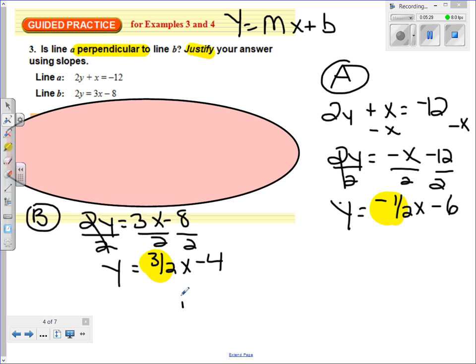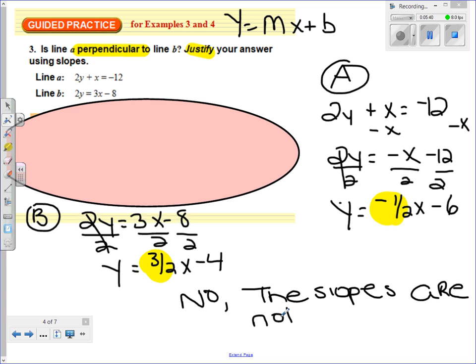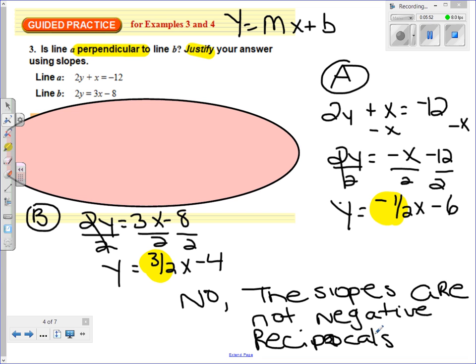And the answer is no. And the reason is the slopes are not negative reciprocals. There is an R in there. Any questions on this one?